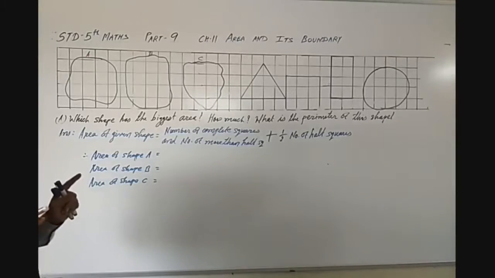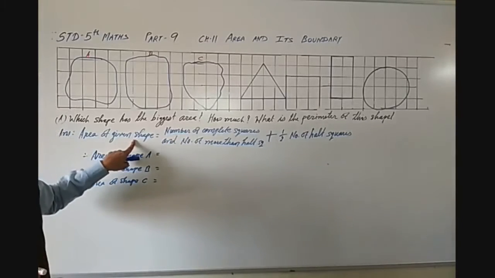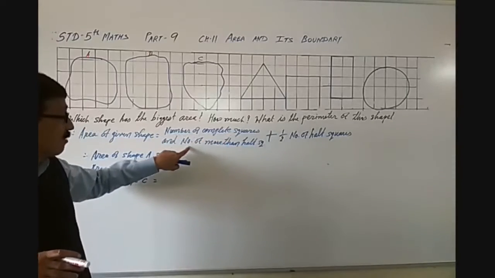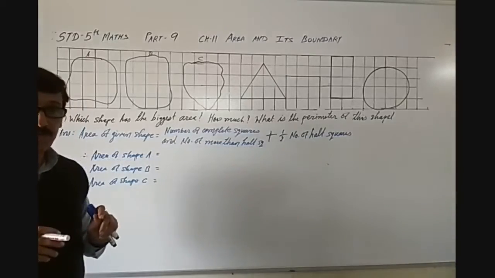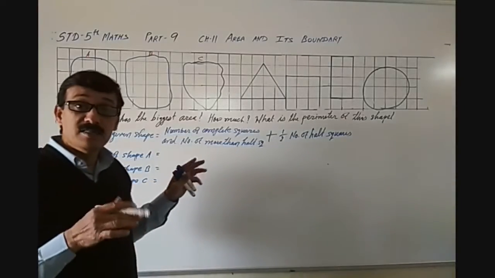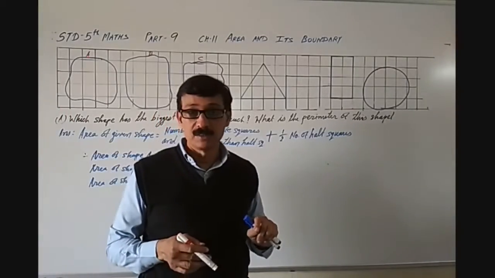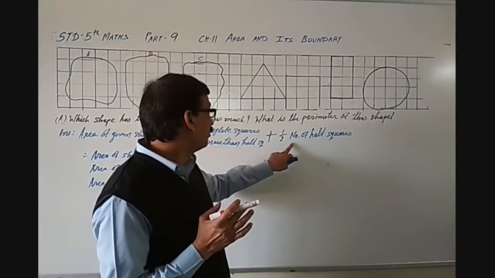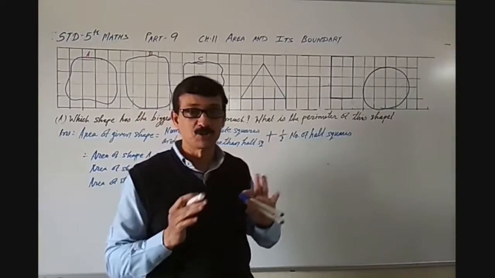That is why I write: area of given shape is equal to number of complete squares and number of more than half squares, plus 1/2 number of half squares.